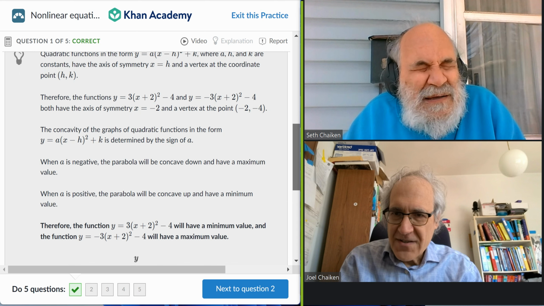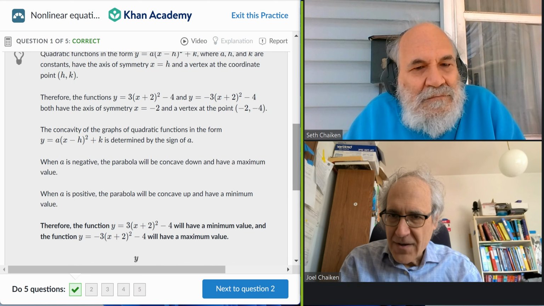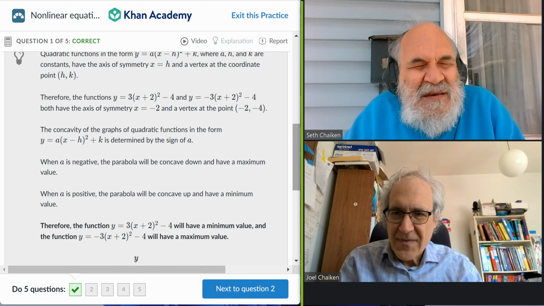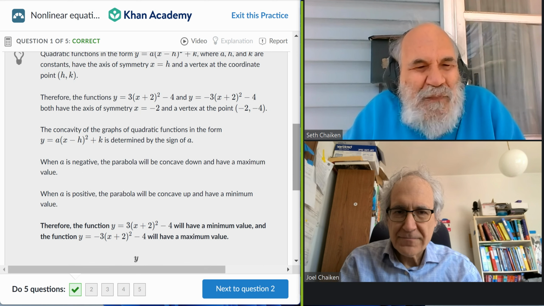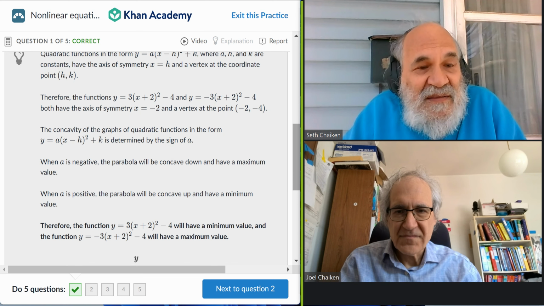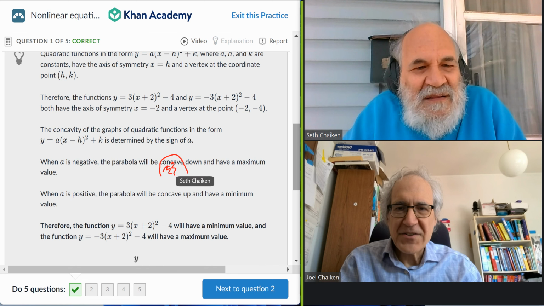Wow, they bring in this fancy word called concavity. That just means whether it goes up or down. Concave down. So concavity is down. Up parabola or down parabola? That's fancy. Why don't they just say cavity?